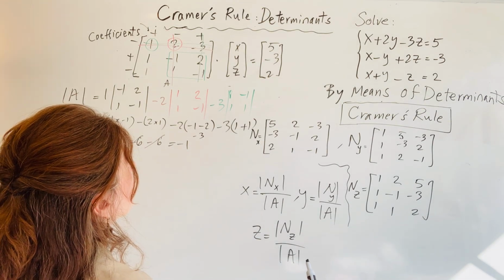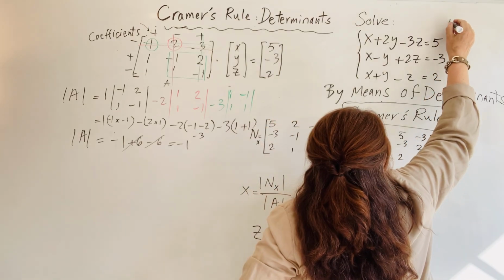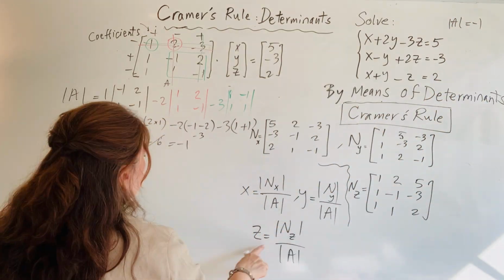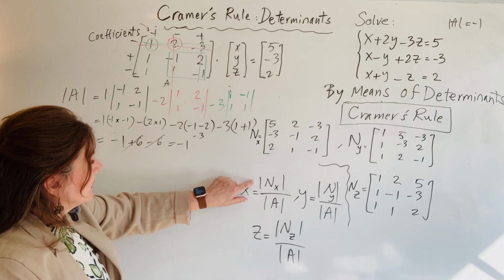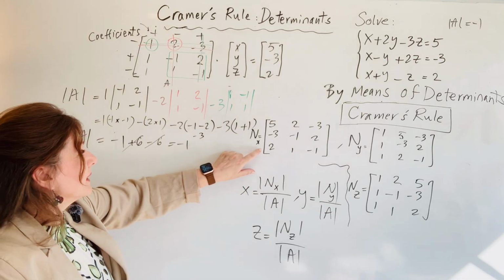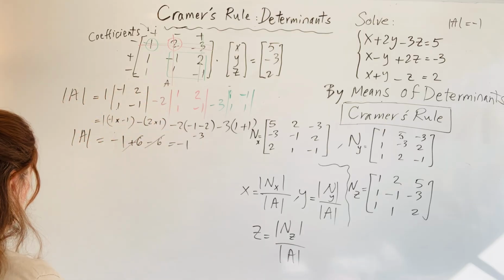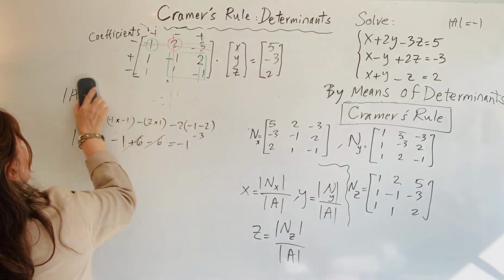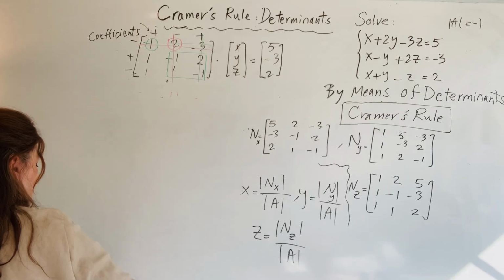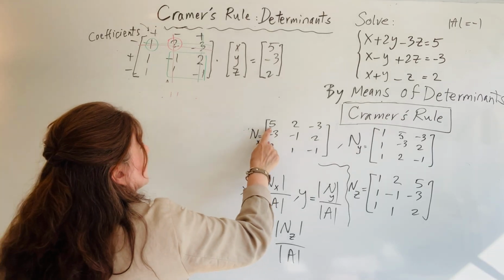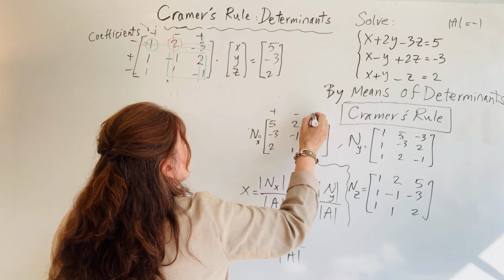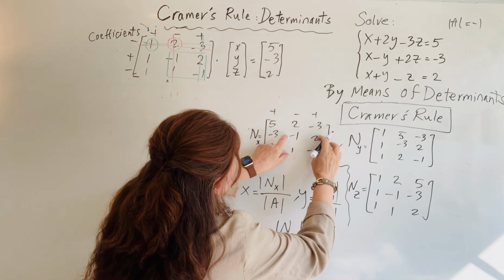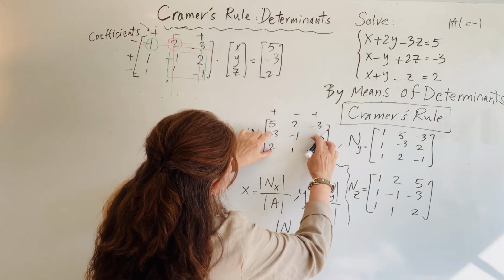We can write somewhere that the determinant of A is negative 1. Okay, how about the determinant of this one? It is exactly like this one. The signs are positive, negative, positive. Positive, multiplied by this one; negative, multiplied by this.